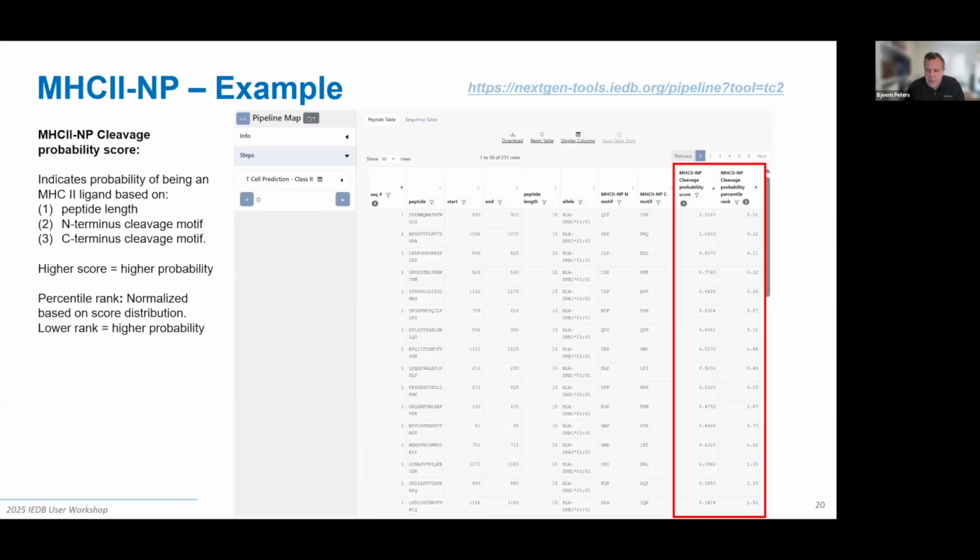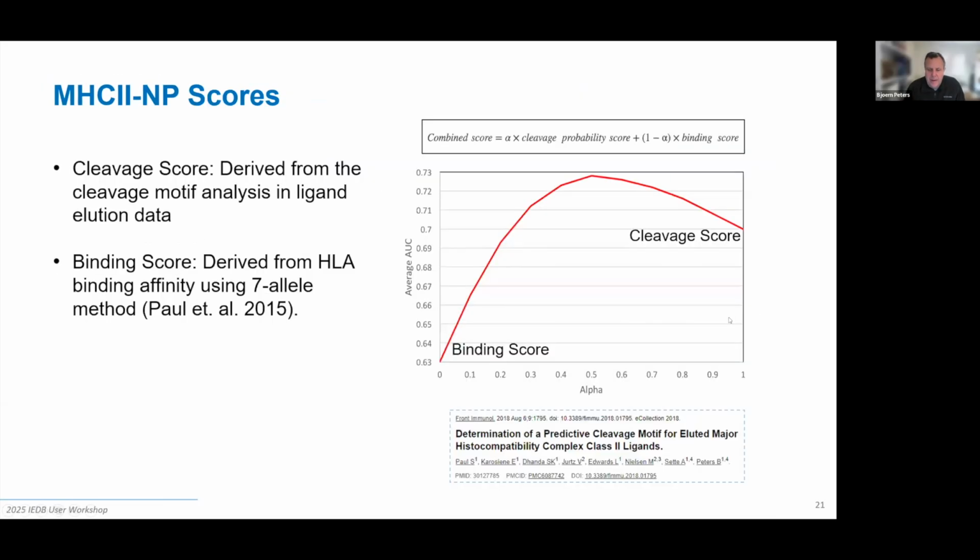And when we now look at the score, we are combining the binding score and the cleavage score in this paper, and then we get a better recovery and better prediction of eluted ligands by combining these together.